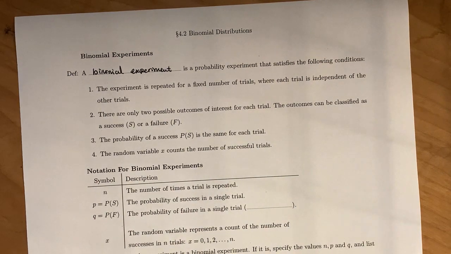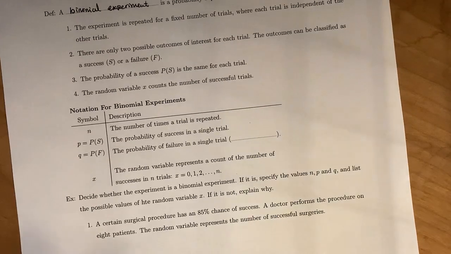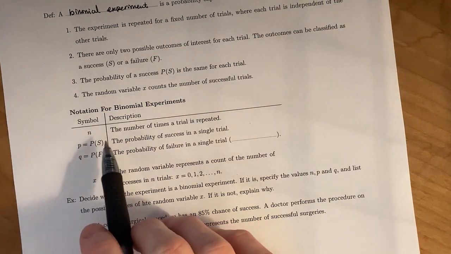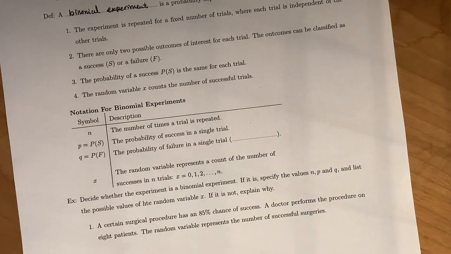So notation-wise, we have N, which is going to be the number of times a trial is repeated. P, which is the probability of a success in a single trial. Q is going to be the probability of a failure.